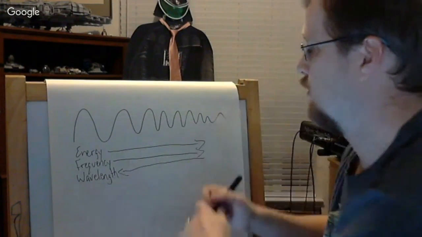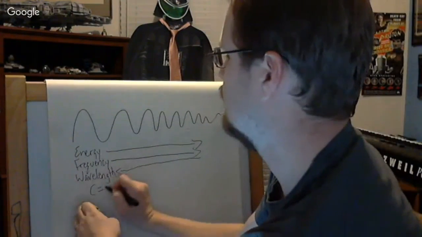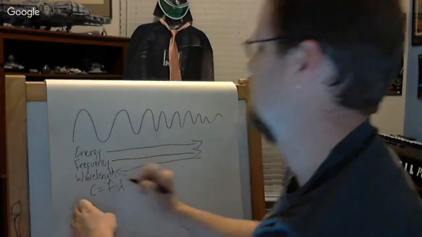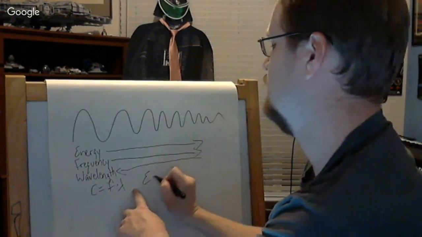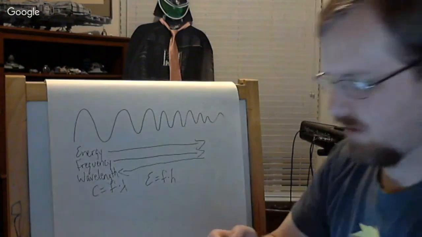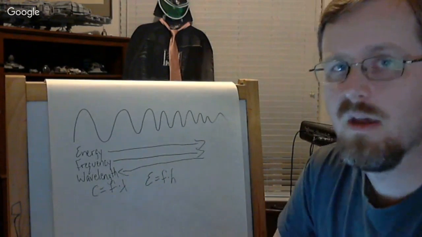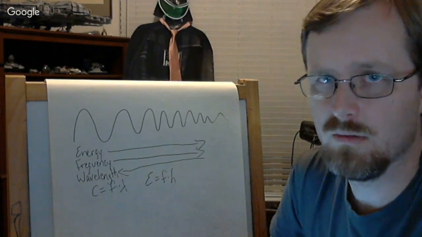So we've got the equations c equals f times lambda, and energy equals frequency times h. Sorry, I have that written backwards from what you guys have seen, but it's the same thing. These are the two equations. They will be given to you.